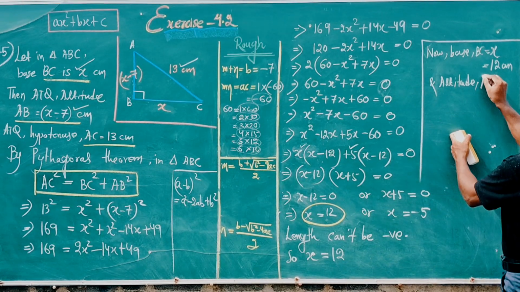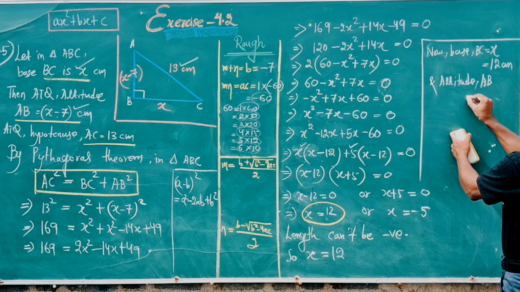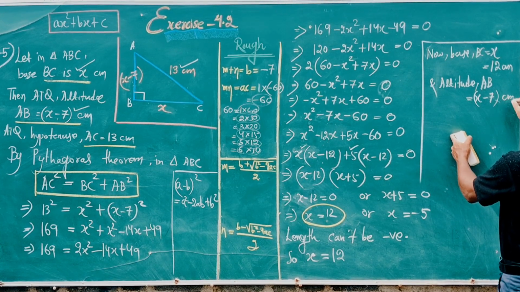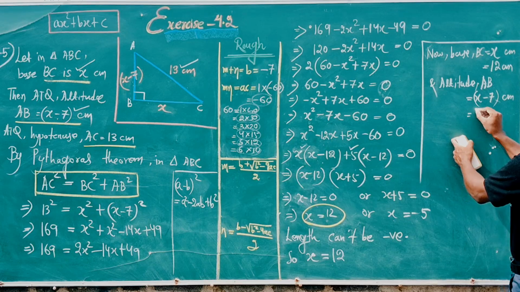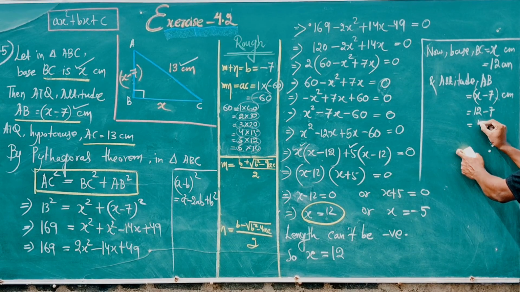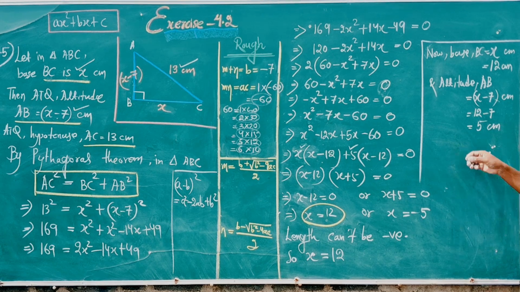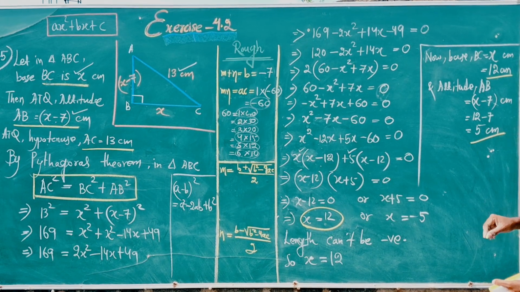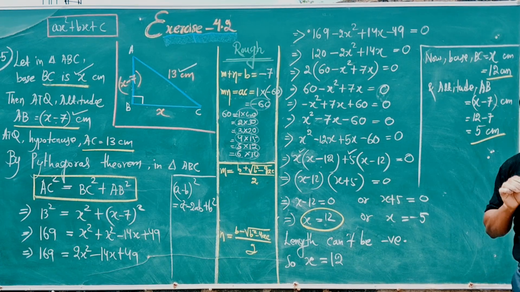So altitude AB equals x minus 7 centimeter. That means 12 minus 7, that equals 5 centimeter. So base is 12 centimeter and altitude is 5 centimeter. These are the two required sides.